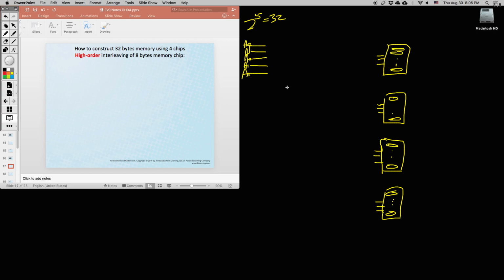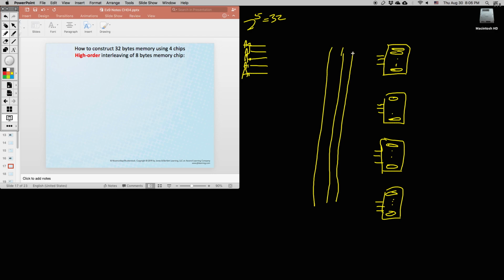So what we do is, the least significant bits are directly connected to each of those chips in parallel. For convenience, let me draw parallel vertical lines. This one represents the A0 line, then the A1 line, the A2 line. Let's connect them together.